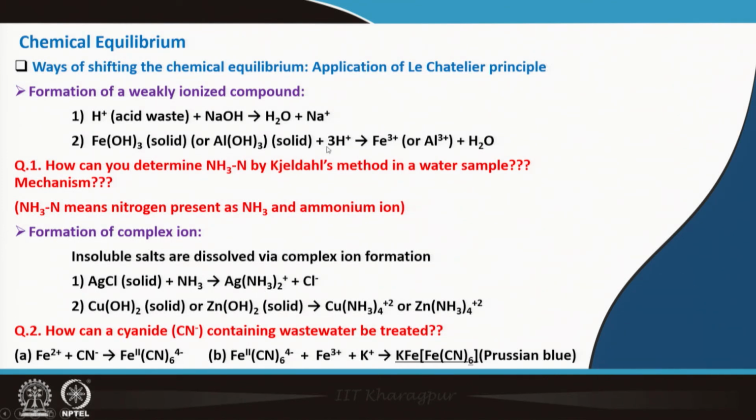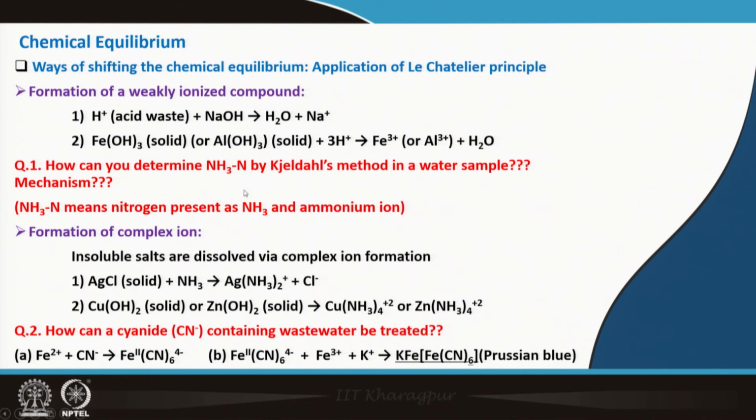If we add H plus, say for example HCl, it will solubilize. Why? Because with the reaction of acid, it forms soluble ions, and when soluble ions are formed, it will go towards the forward direction.